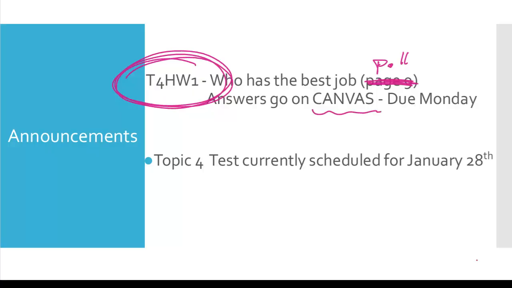It's due on Monday, so I will probably grade this on Tuesday. Now, maybe you have a big life crisis come up over the weekend. Don't worry if you don't get it done, but everything has to be done by the date of the test.